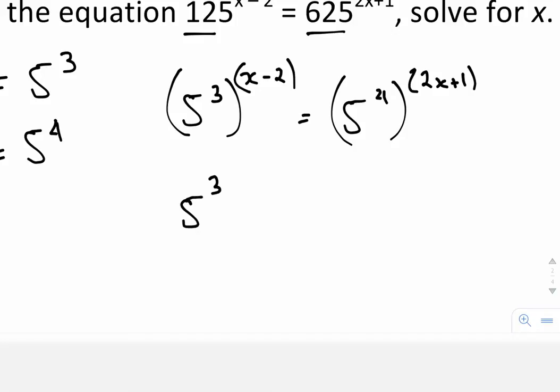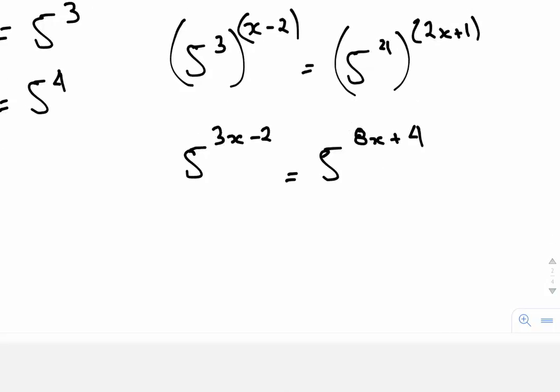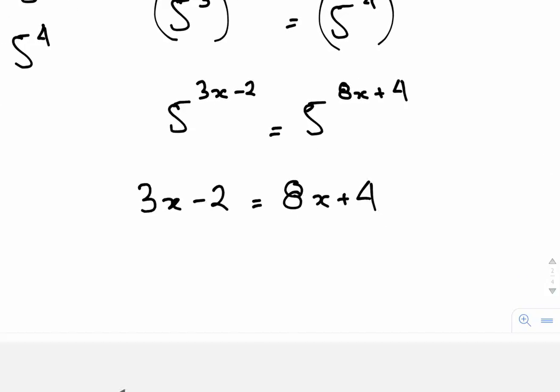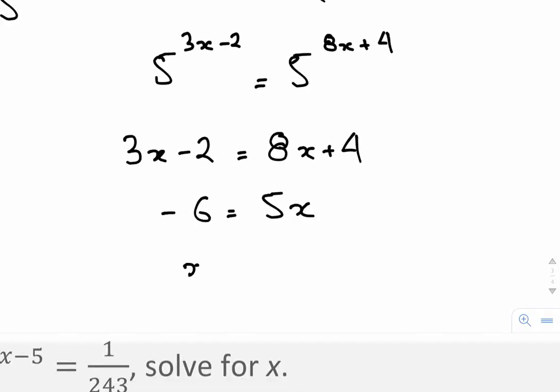So I have 5 to the exponent 3x minus 2 equals 5 to the exponent 8x plus 4. Same base means I can equate the exponents, and if I solve here, I'm left with negative 6 equals 5x, which means that x is equal to negative 6 over 5.